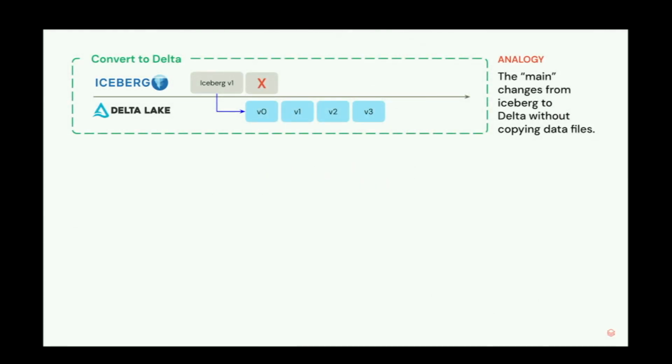First, let's look at convert to Delta. This is pretty much similar to, okay, you originally have an Iceberg table, and that's your main. And once you have the convert to Delta, the main becomes Delta, and you should not use Iceberg in production anymore. So this is convert to Delta.